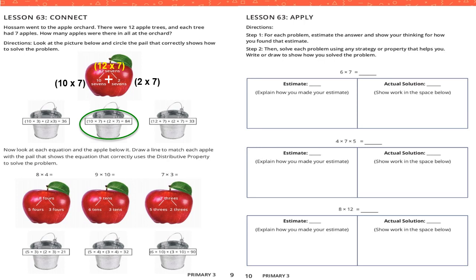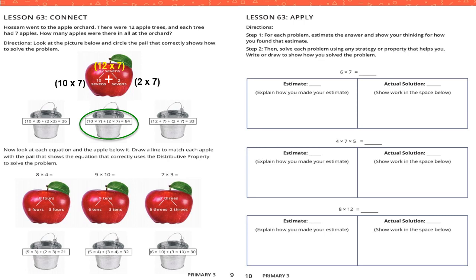The next one, he is telling me to look at each equation and the apple below it and draw a line to match each apple with the pair that shows the equation that correctly uses distributive property. I have here an equation above the first apple, 8 times 4.